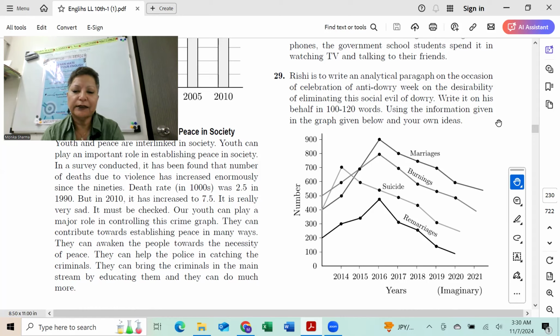It can be seen that whereas the number of marriages went up from 400 to a maximum of 900 in 2016, it started coming down steadily by 2021, because it appears that girls have stopped believing in the institution of marriage because of becoming financially independent.